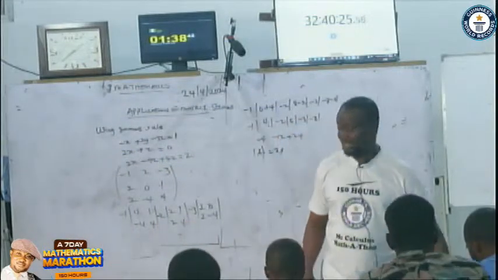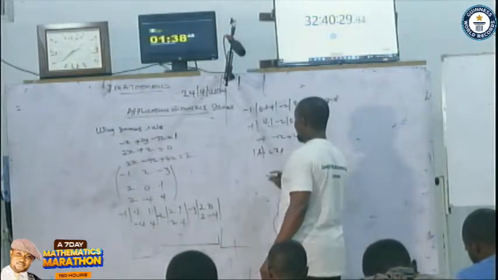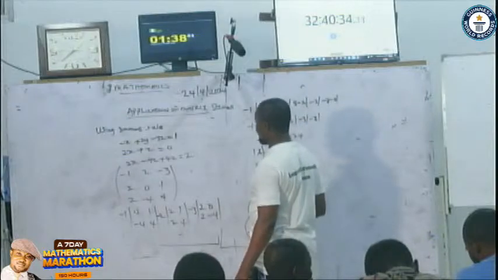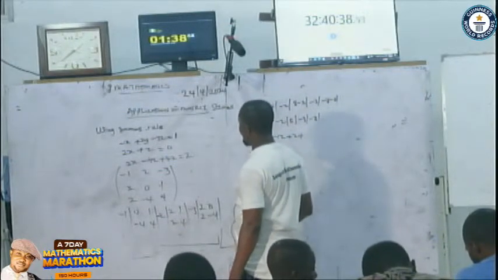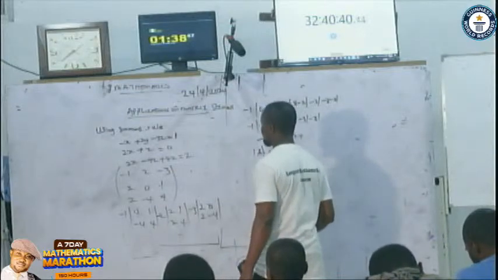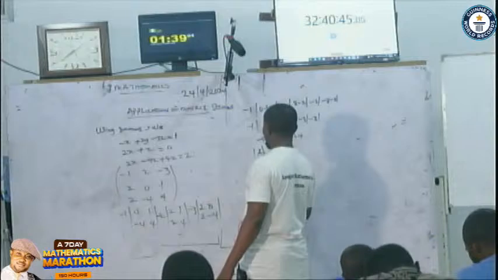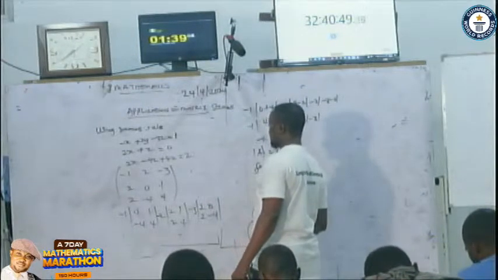So now that I have the A determinant, I can get x. I substitute 0, 0, 1, minus 2 there. So for x, that place 0, 1, 0, 2.